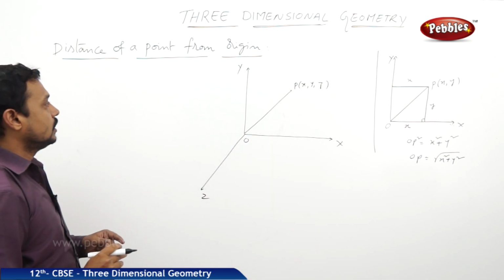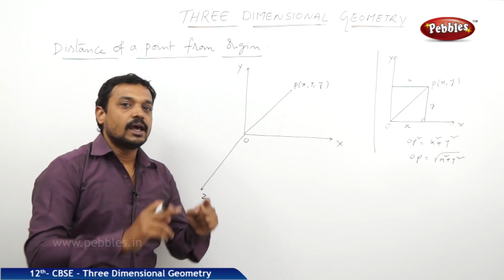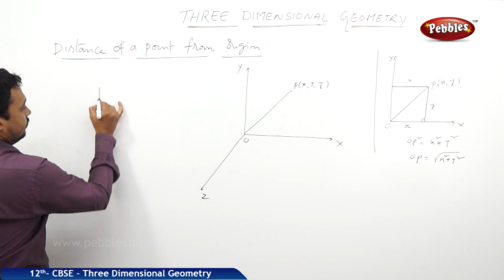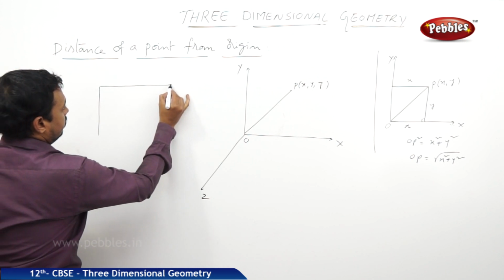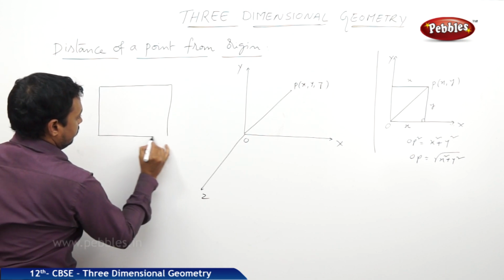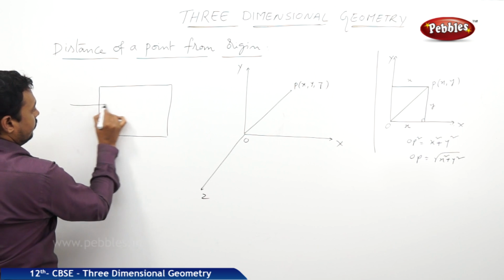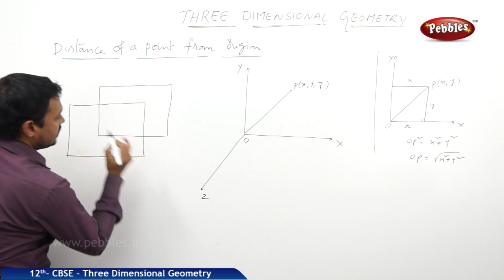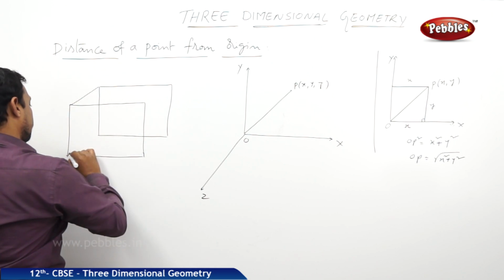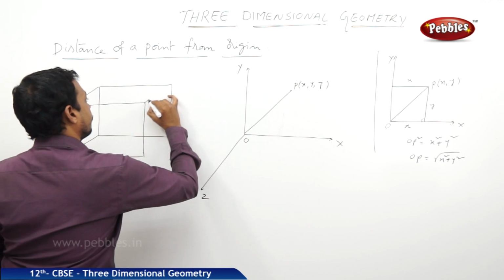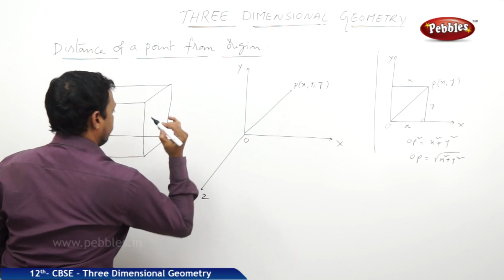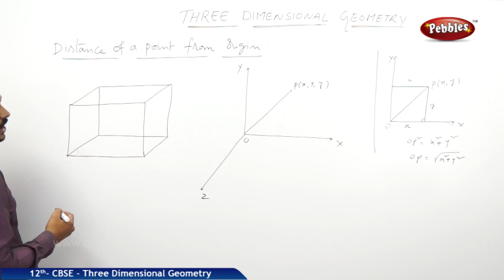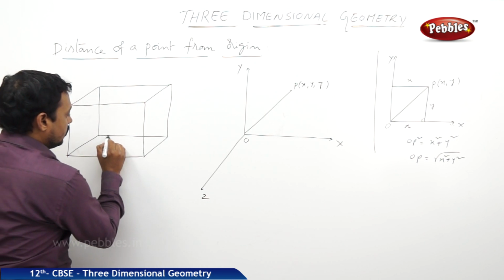For this, we just consider a cuboid first. It's a cuboid. Now, there are three mutually perpendicular edges.